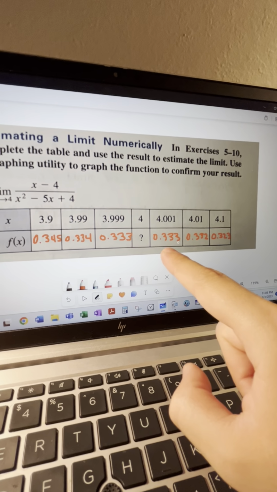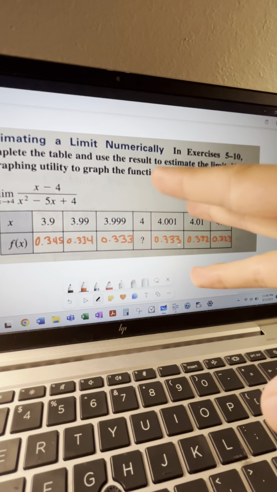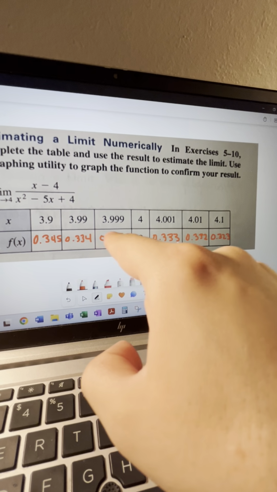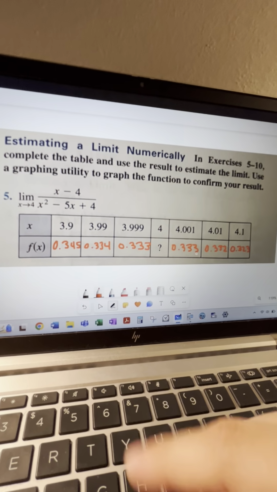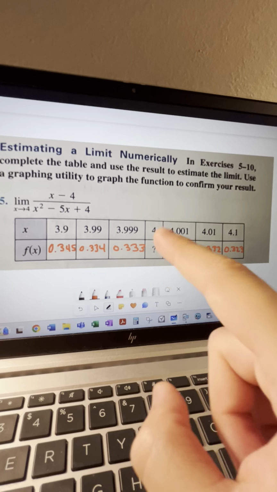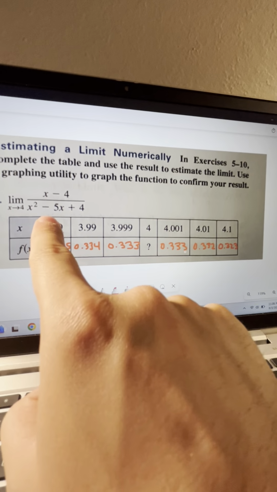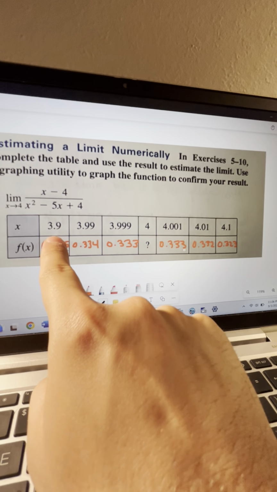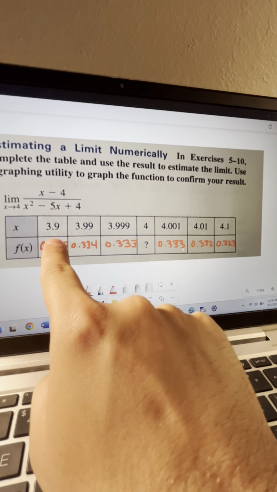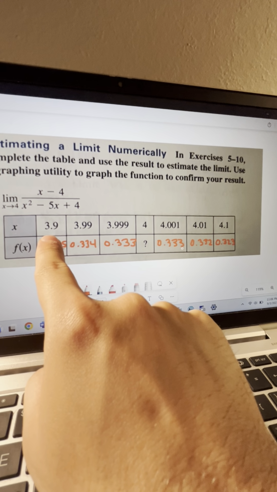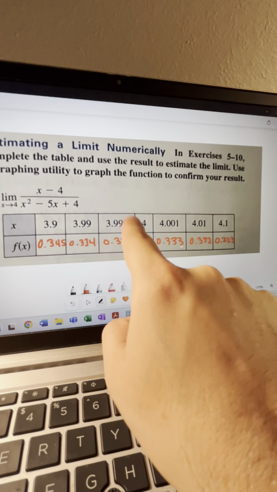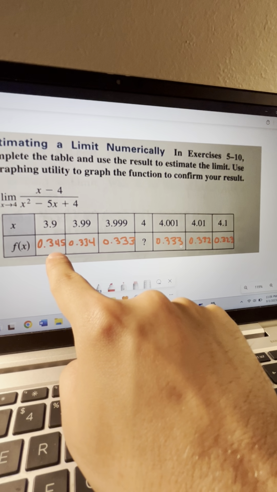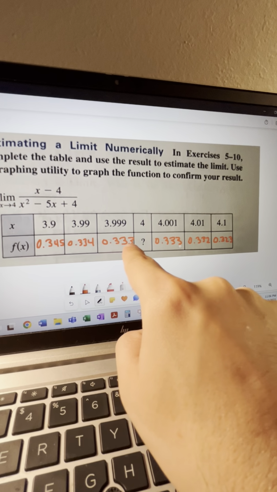So, when we're using 3 decimal places, these are our y values that we get. And in order to answer this question now, here's what you want to ask yourself. As we go from the left-hand side, starting at x equals 3.9, and approach x equals 4, what y value are we approaching?